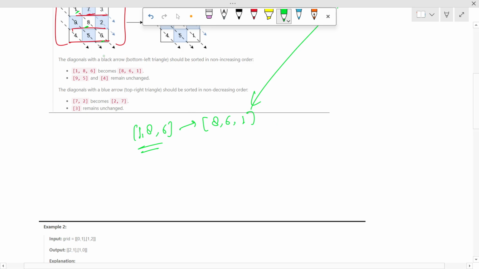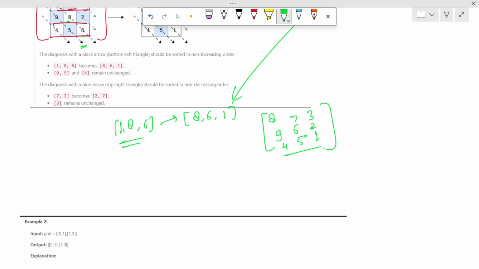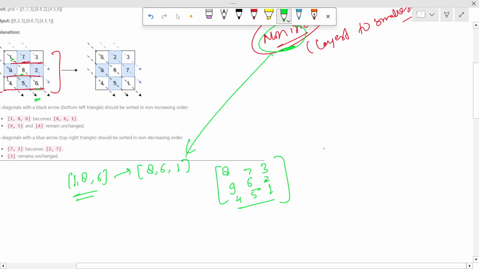So basically we get 8, 6 and 1, and our grid becomes 8 6 1 in the first row, then 7 3 9, 2 4 5 and so on. This is our position 0 comma 0.